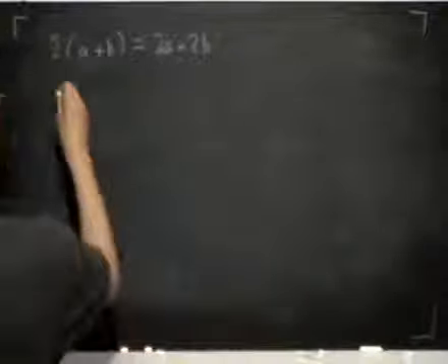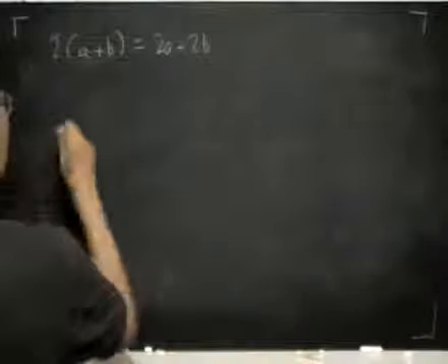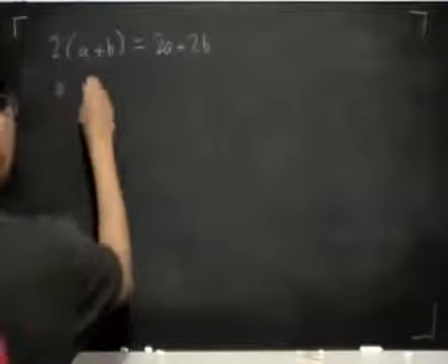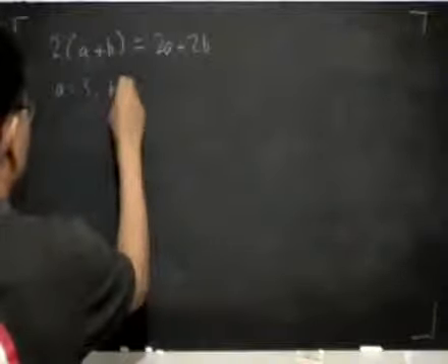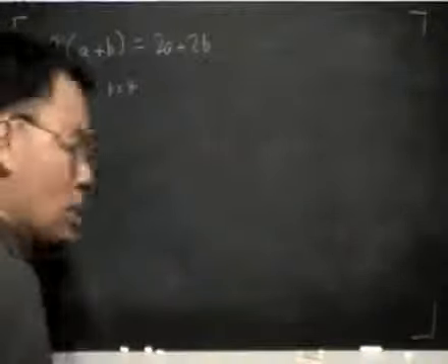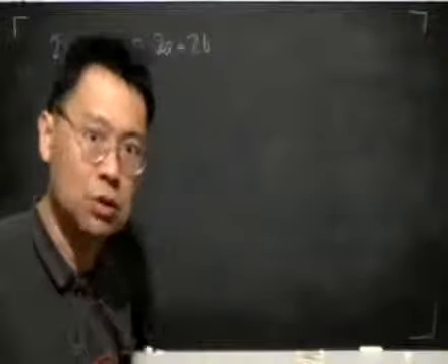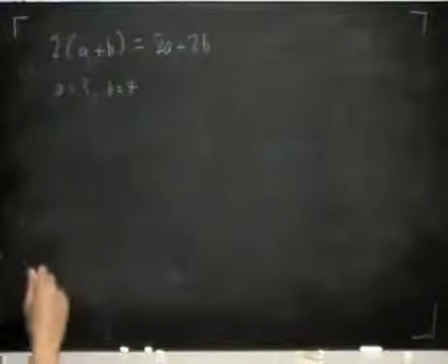So let's try that. Suppose a is equal to 3 and b is equal to 4. Let's use our substitution method to calculate this.